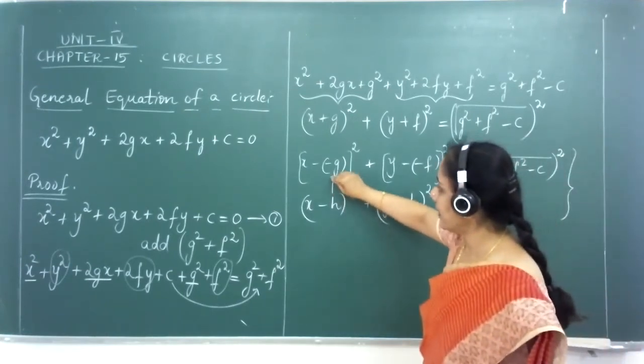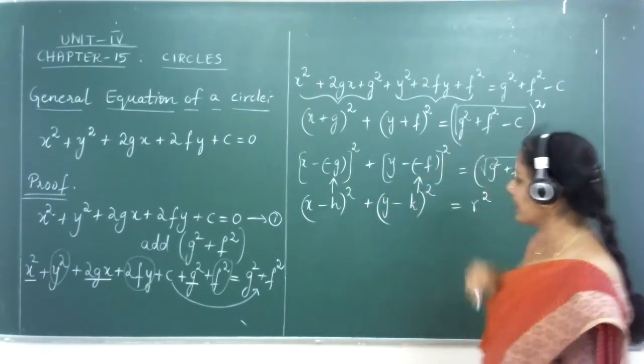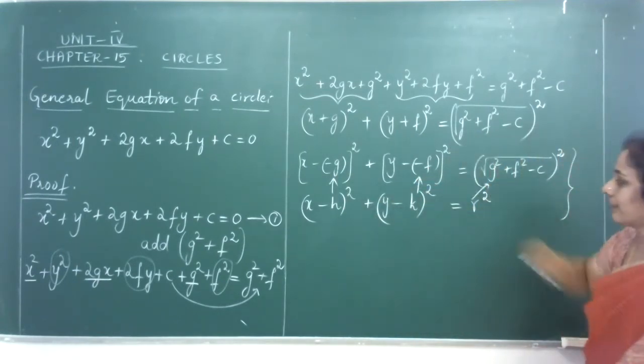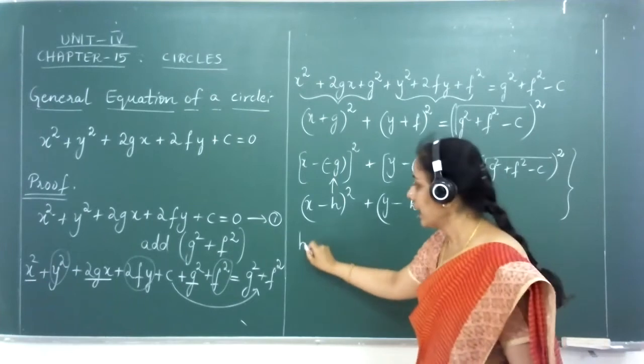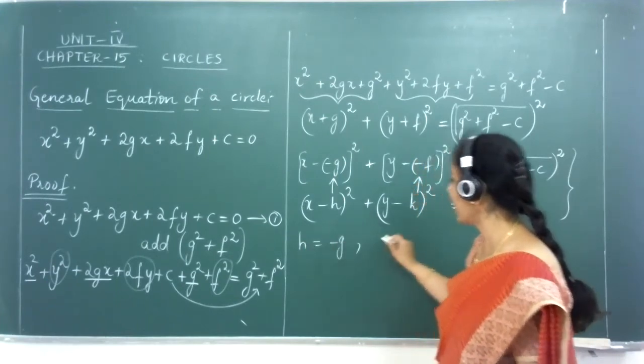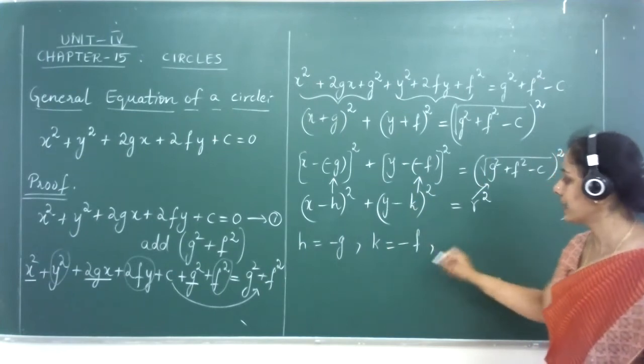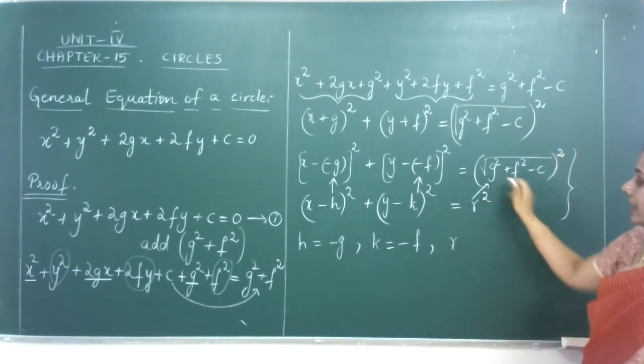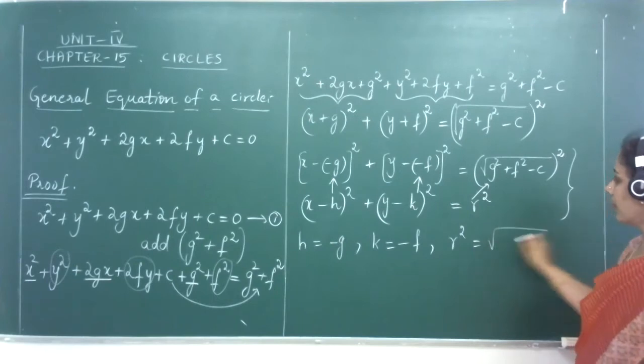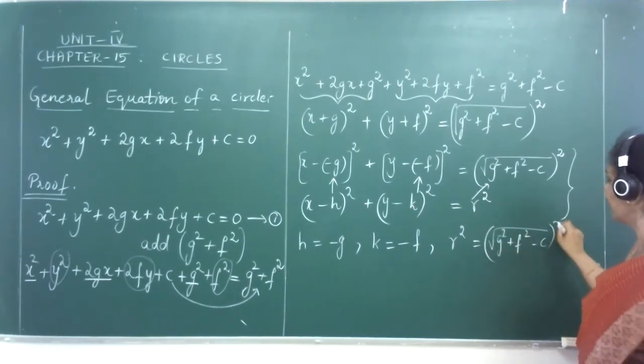So now when I compare the two obtained equations, I have got h is equal to minus g and the parameter k is equal to minus f and r squared is equal to root of g squared plus f squared minus c the whole squared.